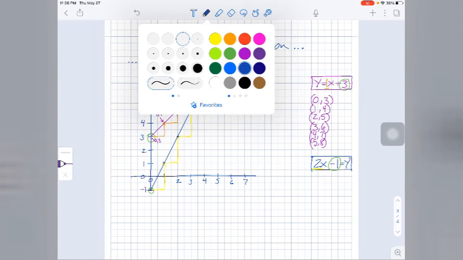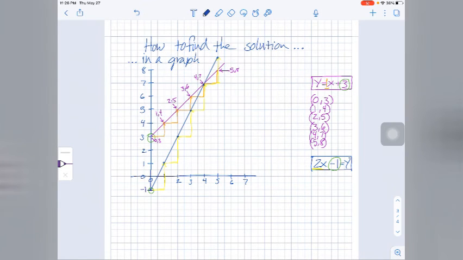Again, all of my points are going to match. Remember, we said that when x was 0, y would be negative 1. When x was 1, y would be 1. When x was 2, y would be 3. When x was 3, y would be 5. When x was 4, y would be 7. And when x was 5, y would be 9. Well, that is exactly what we have. When x is 0, y is negative 1. This point is when x is 1, y is 1.